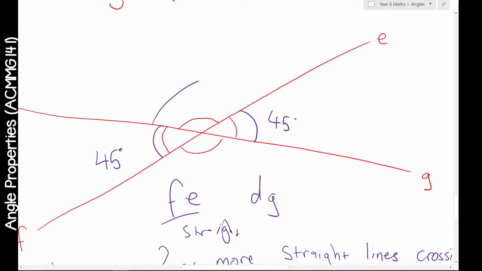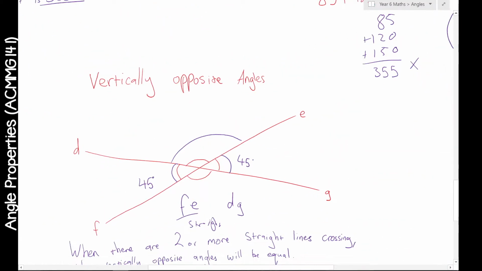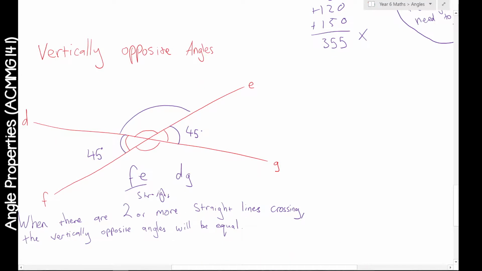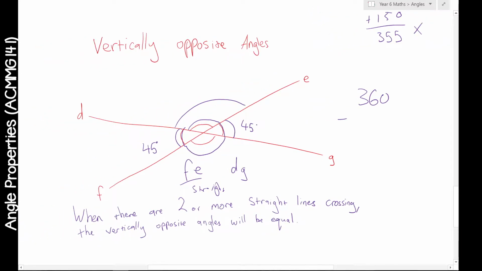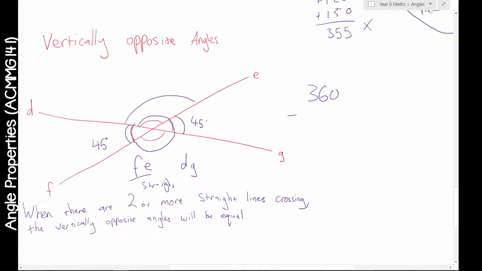So then if we had to find out what this one was, we could work it out. This is how we would do it. So, we know it's on a big circle. If I added this one plus this one plus this one plus this one, it has to add up to 360. Right? So we've got 360 take away, and we know that these both are 45, so put them together as 90.